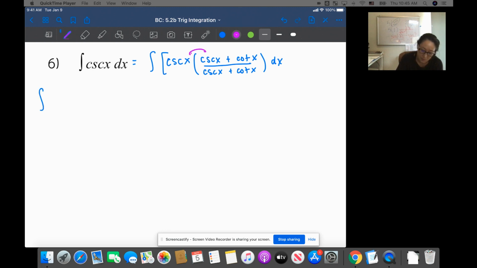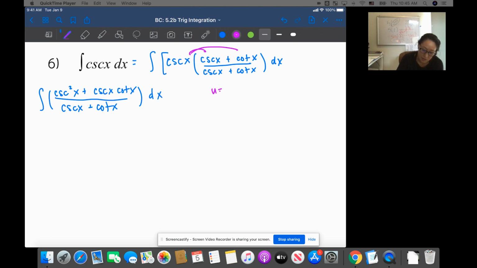Distribute, and I get cosecant squared x plus cosecant x cotangent x all over cosecant x plus cotangent x dx.